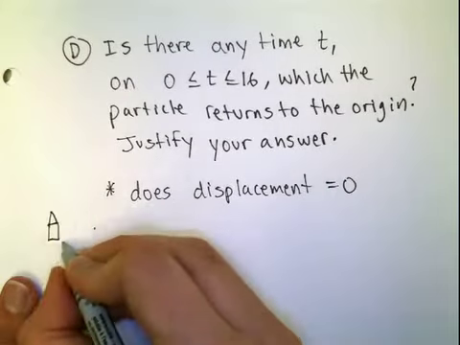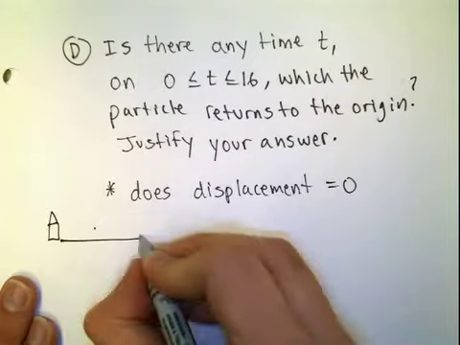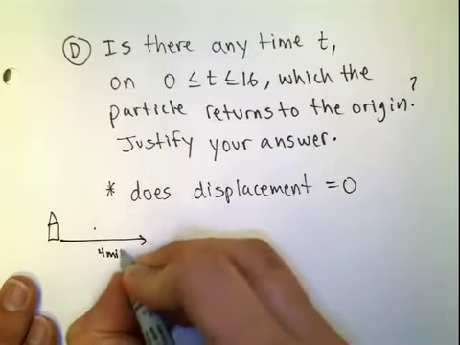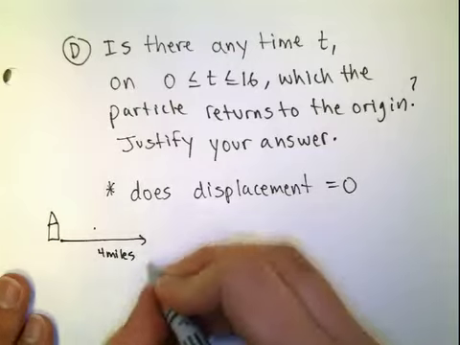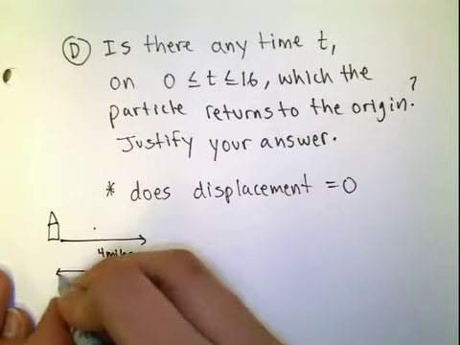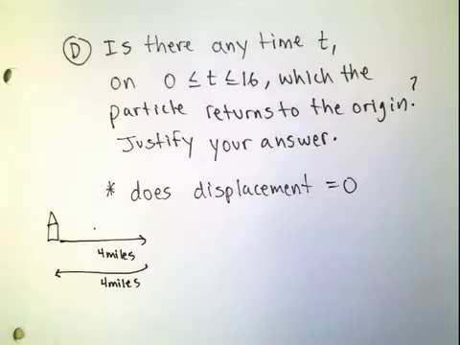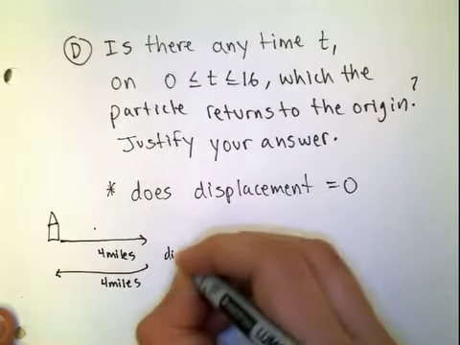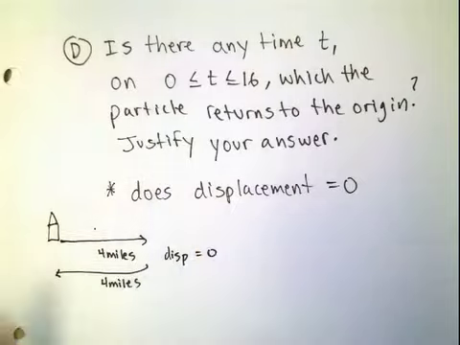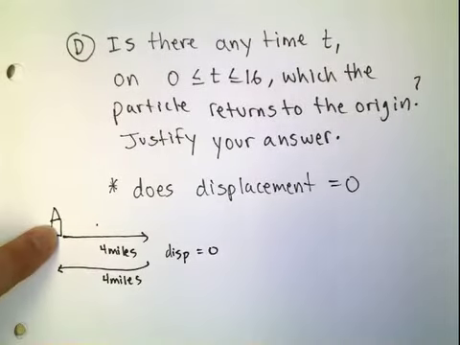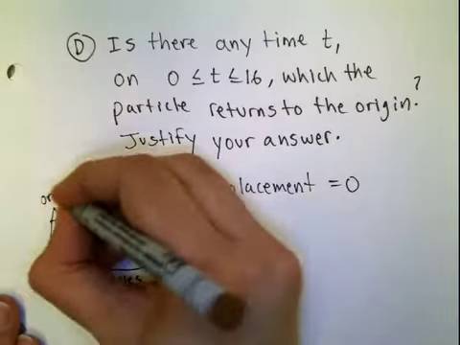Say you're at your house, and you go on a jog and you jog 4 miles this way. Then you turn around because you're tired and you jog 4 miles back. You jogged a total distance of 8 miles, but you were displaced 0 because you started and ended at your house, the same point.